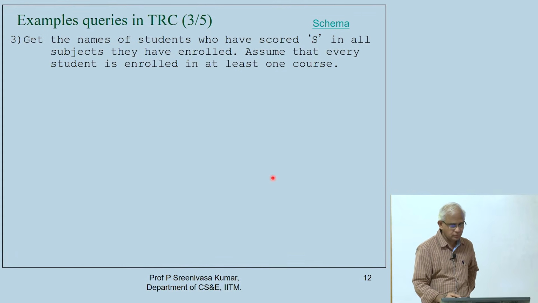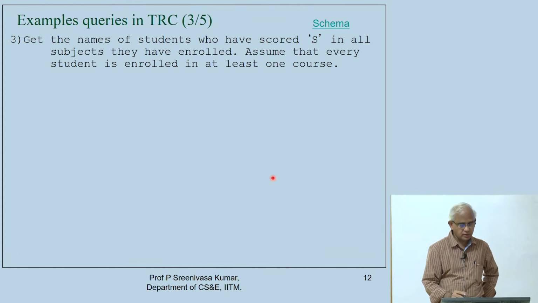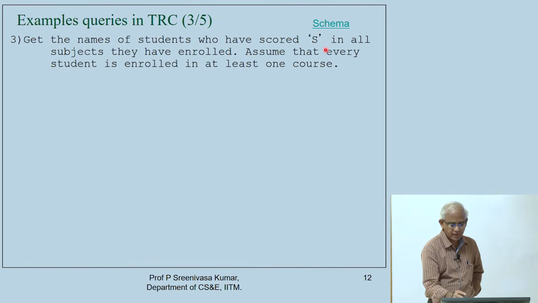Get the names of students who have scored S in all the subjects that they have enrolled. Maybe a little bit impossible, but let us assume that there exist some students like that who have scored S in all subjects that they have enrolled, and let us also read this.